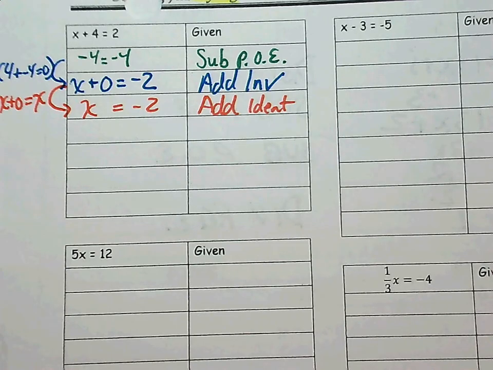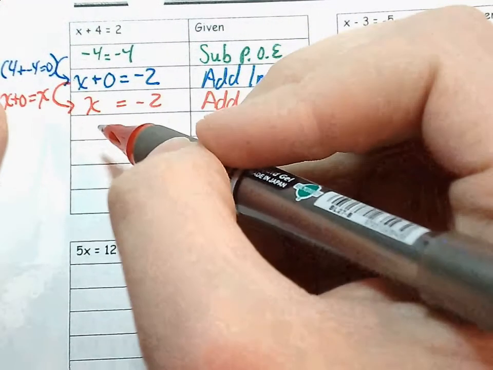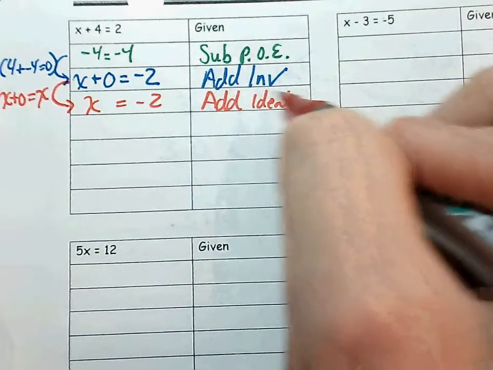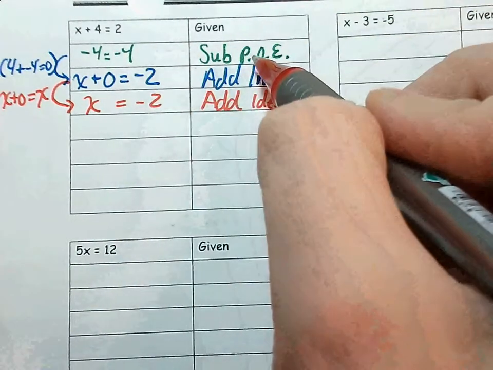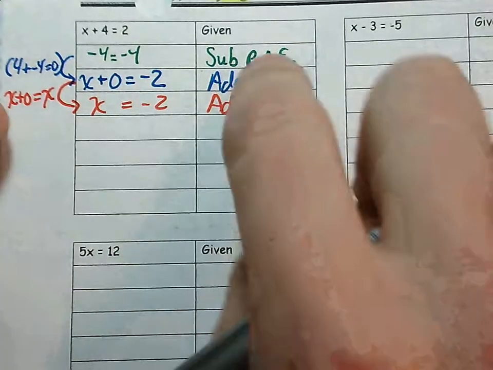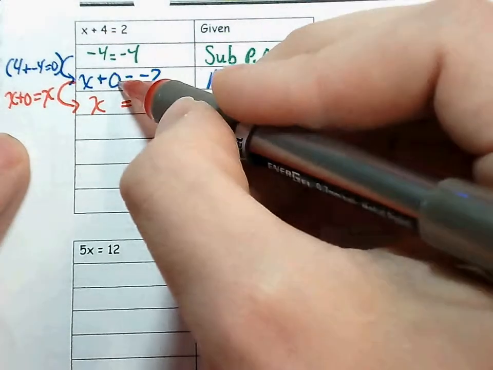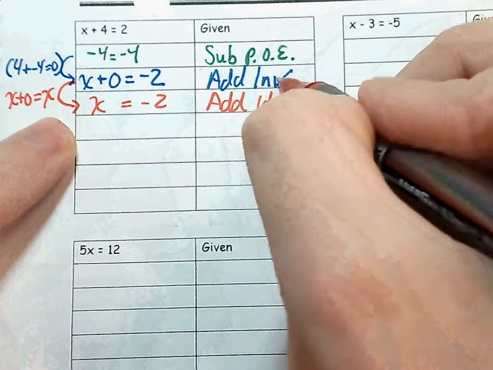Oh, so let me explain what I'm putting to the side here. This is like my thought. Because this was confusing to some students, when to do which step. So what I did here is I subtracted 4. Subtracting 4 on each side, that very act of subtracting is the subtraction property of equality, right? When I say that 4 minus 4 is 0, or 4 plus negative 4 is 0, what got me there was additive inverse.